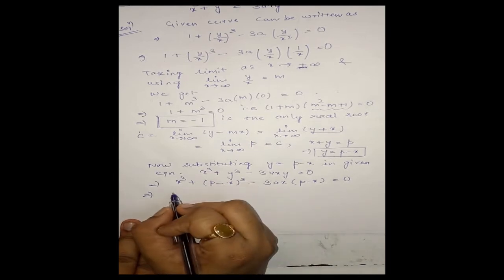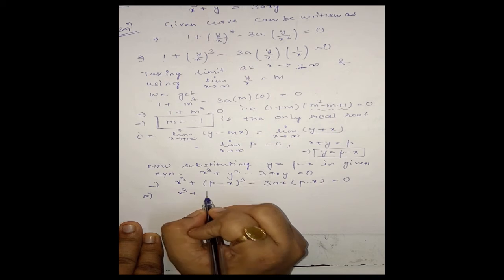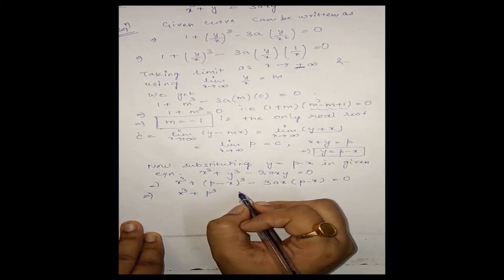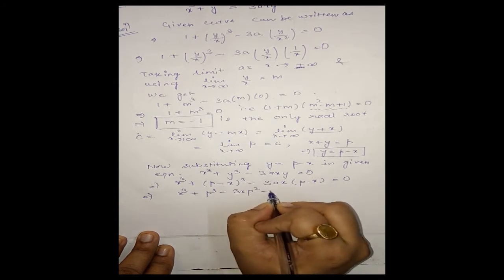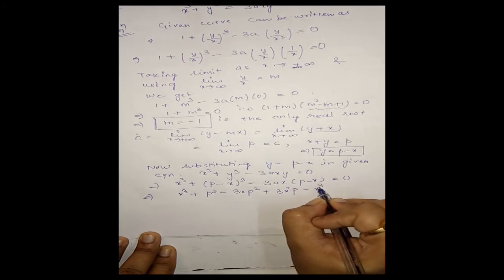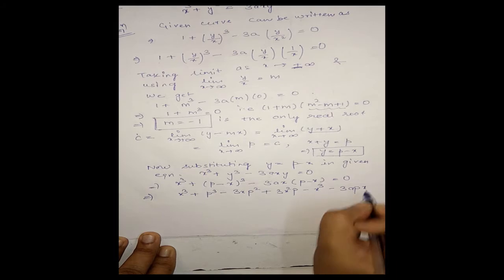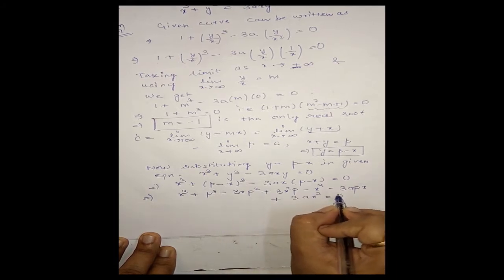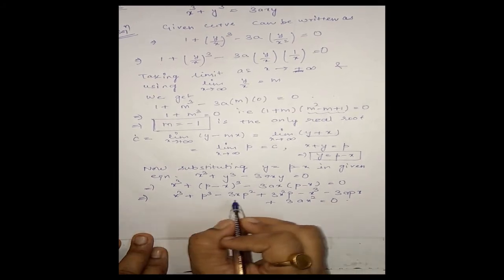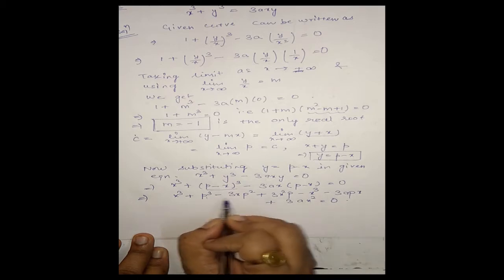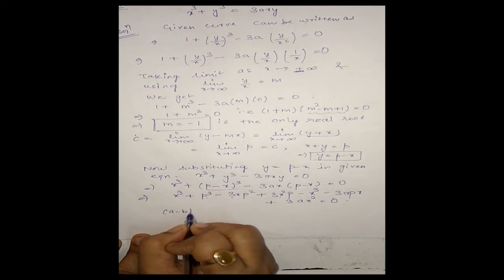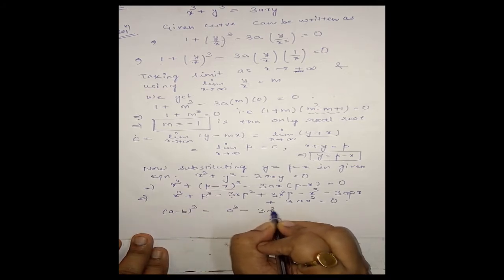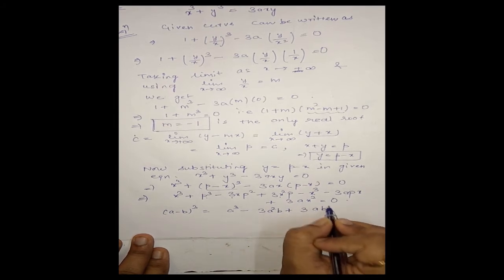Now applying the formula for (a minus b) whole cube, this is a cube minus 3a square b plus 3ab square minus b cube.